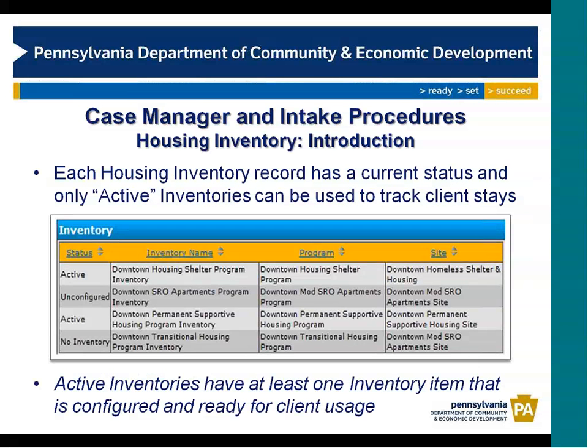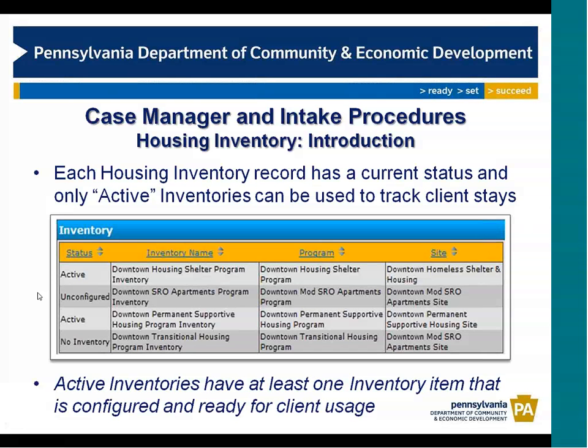Each housing inventory record will have a specific status associated with it, which denotes its current state. Records can be active, or they can have other statuses such as unconfigured, no inventory, or expired, but only active inventories can actually be used to track client stays.